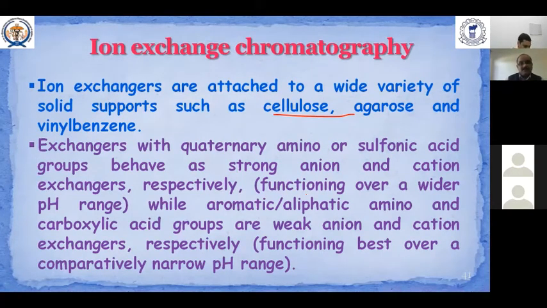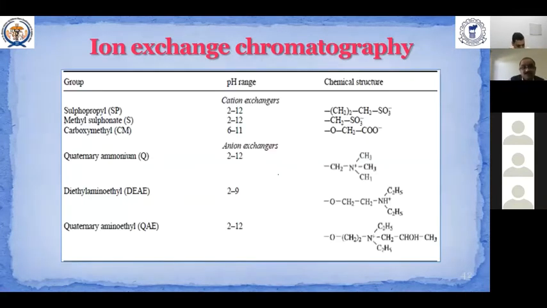So exchangers with quaternary amino or sulfonic acid groups behave as strong anion and cation exchangers respectively, while aromatic or aliphatic amino or carboxylic acid groups are weak anion or cation exchangers respectively, because they function best in a narrow pH range. These are some examples of exchangers.